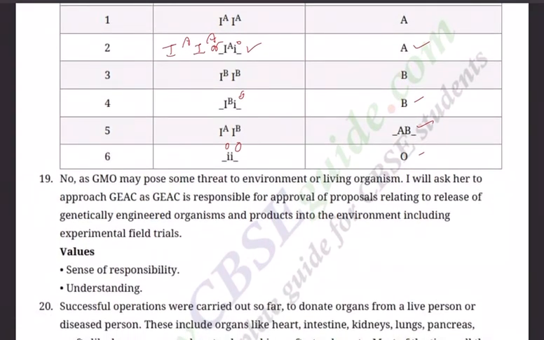I would ask her to approach GEAC, which is responsible for approval of proposals relating to release of genetically engineered organisms and their products into the environment, including experimental field trials.